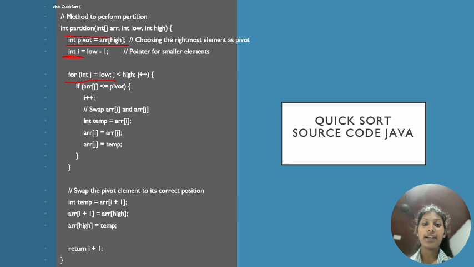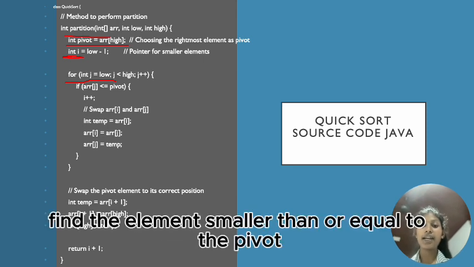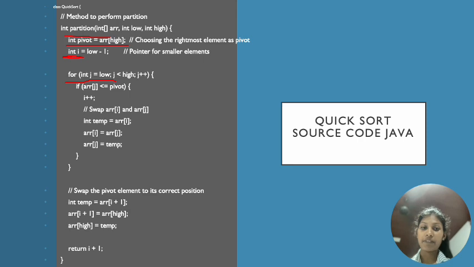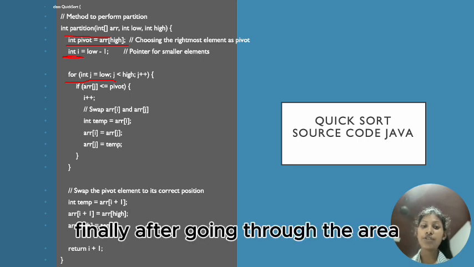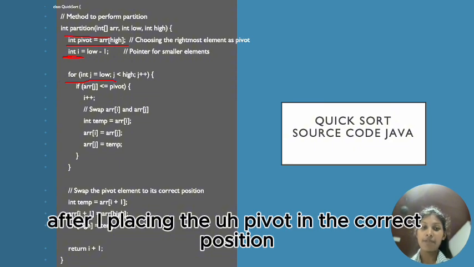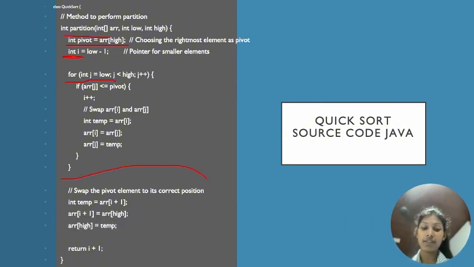Next, every time we find an element smaller than or equal to the pivot, we increase i and swap the elements at i and j. Finally, after going through the array, we swap the pivot element right after i, placing the pivot in the correct position.